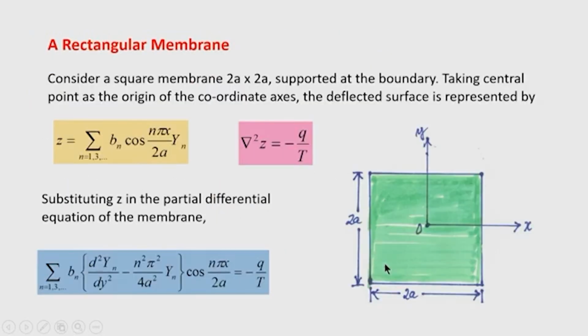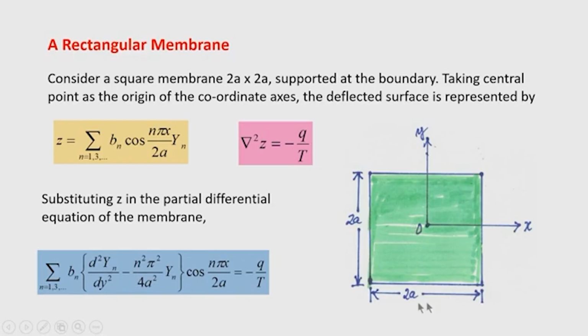Okay. So, then let us apply the differential equation that we have derived now to solve for a rectangular membrane. A membrane can be of any shape, it can be circular or any other shape, but let us see a solution for the case of a rectangular membrane, that is, the plane is rectangular and it is supported at the boundary.